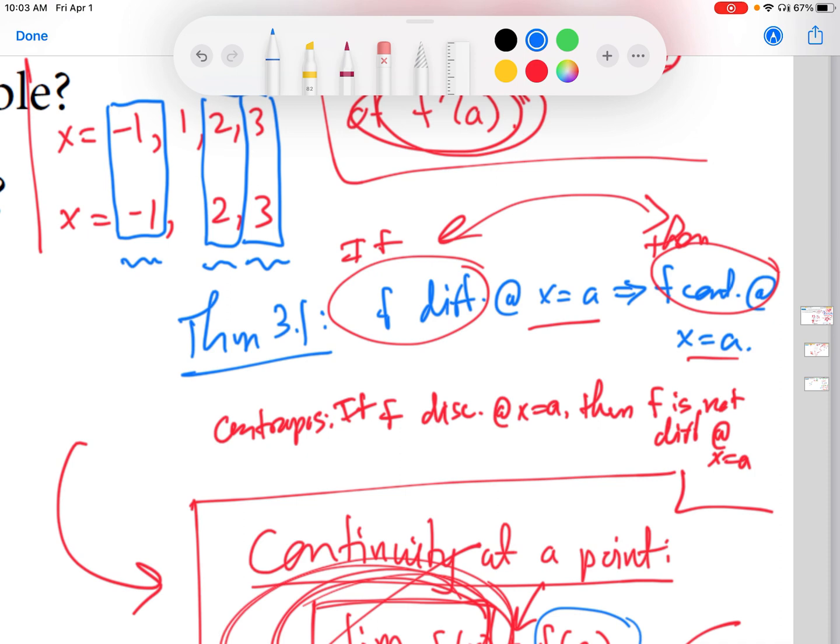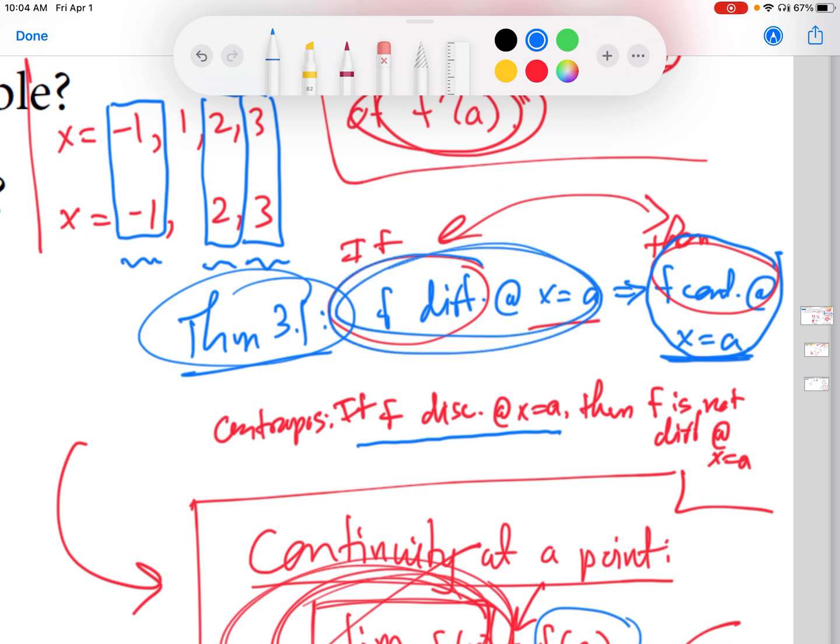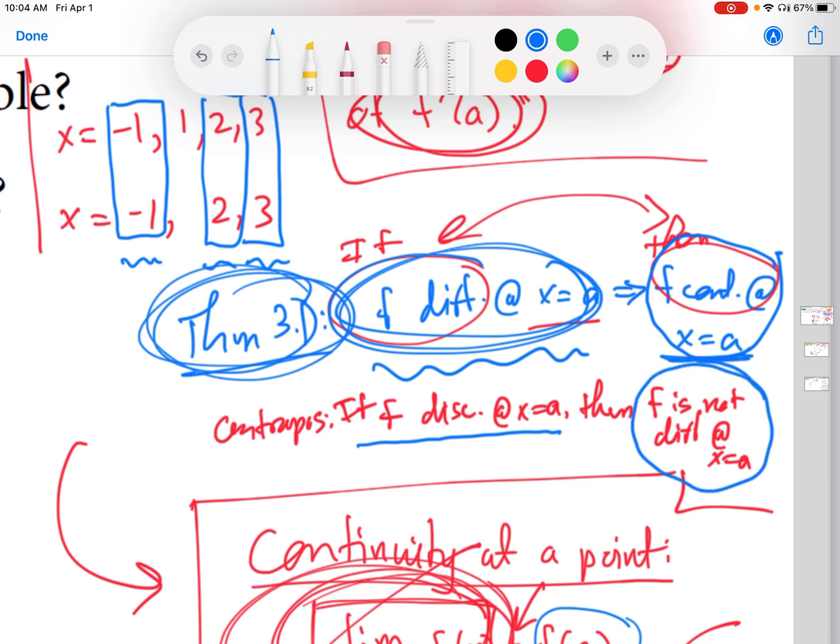So I took f continuous at x equals a, the conclusion of this theorem, and I put its negation as the hypothesis. I took f differentiable at x equals a, the hypothesis of this theorem, and I put its negation as the conclusion of this statement. It turns out, and this is an exercise in truth tables, which you would do in a course in logic or later in a real analysis course or any introduction to proofs course, you show that the statement of a theorem and its contrapositive have the same truth value.